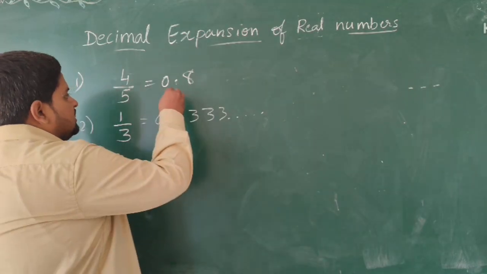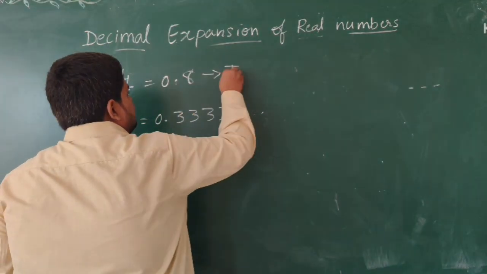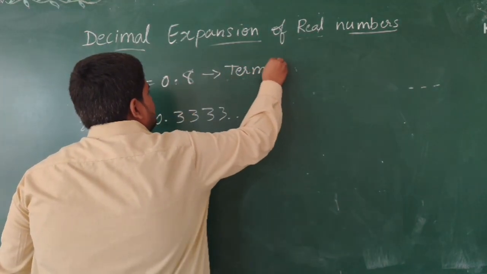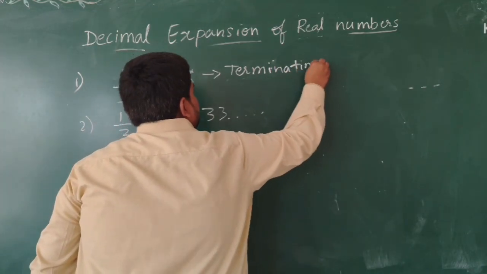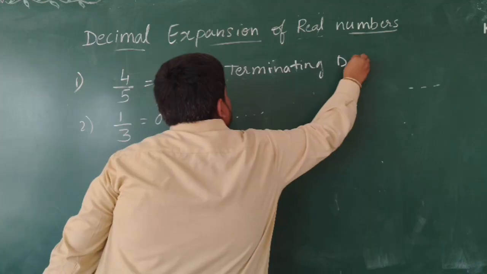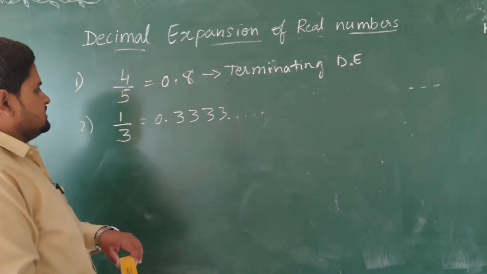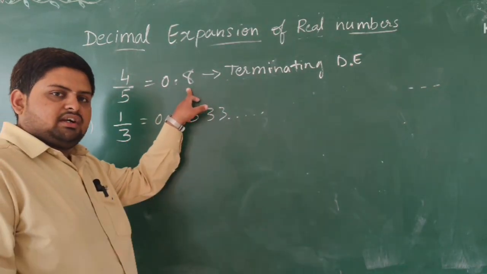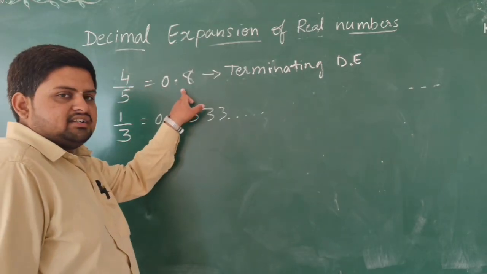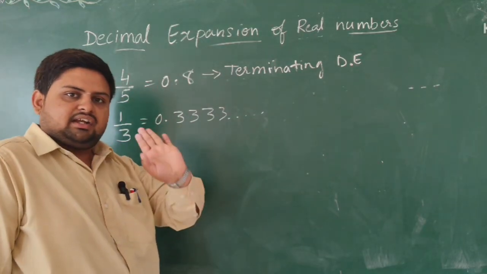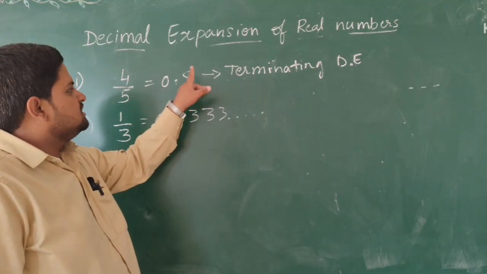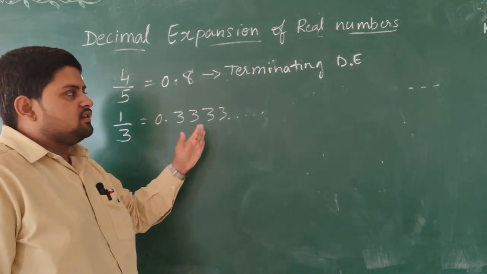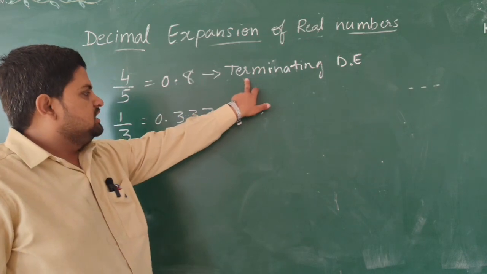Such a decimal expansion we call a terminating decimal expansion. Why? We can see that 4 by 5 is 0.8 itself. Nothing comes after that. 0.8 is finished. It has stopped. The decimal expansion has an end over here. So we call it a terminating decimal expansion.